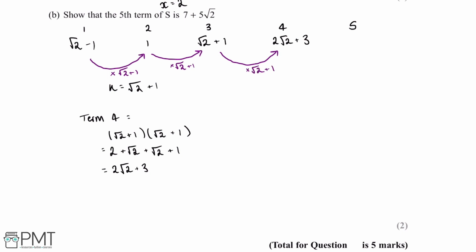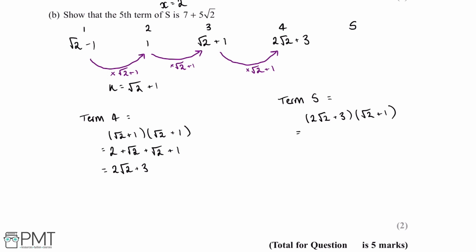So now we can use the same process to get from term 4 to term 5. So term 5 will be equal to term 4, which is 2 root 2 plus 3, multiplied by our common ratio, which is root 2 plus 1. So we can use the same process as before.